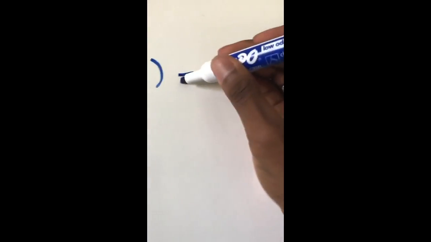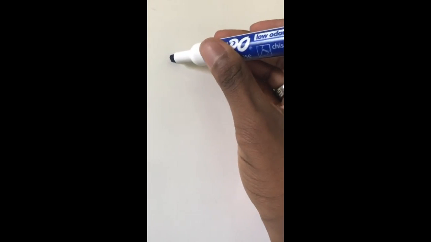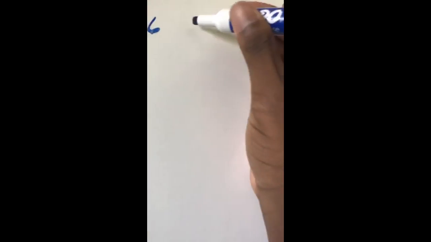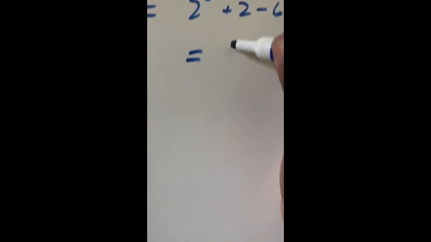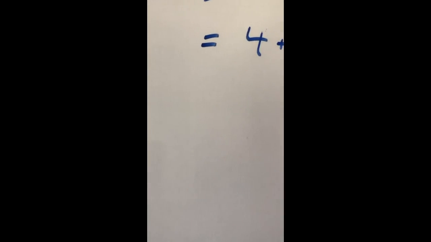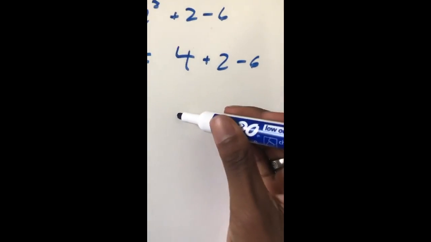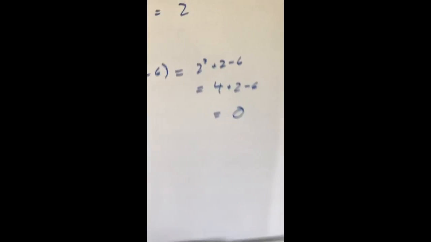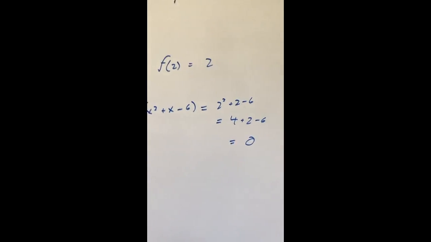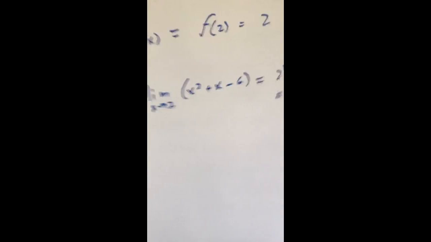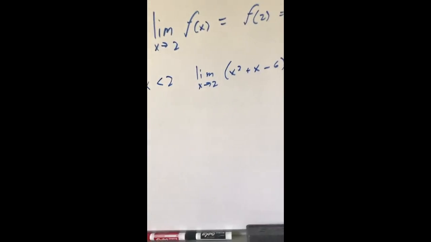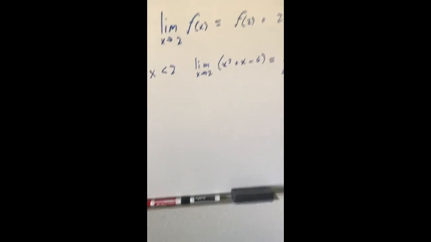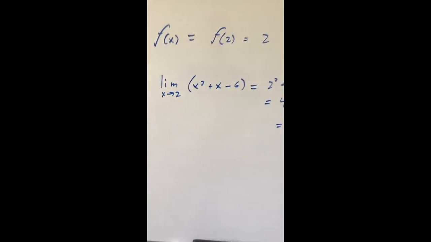And if we plug that in, that would be 0. And as we all know, 0 is definitely not 2. So that's just one of the cases. And so basically from the left side of this function, the limit is 0.